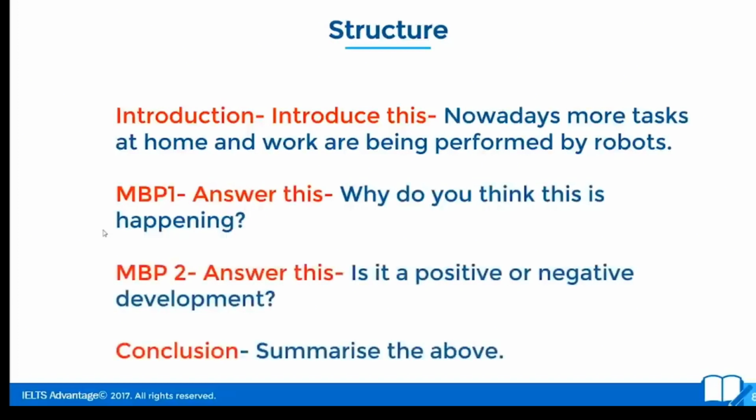And then your conclusion is, here's a summary of what I just talked about. So introduction, here's what I'm going to talk about. Main body, here's what I think about these two questions. Conclusion, here's a summary of what I just talked about. If you break things down in that way and make them simple and easy to understand, they're simpler to do on test day. And that's my goal for you guys this week.